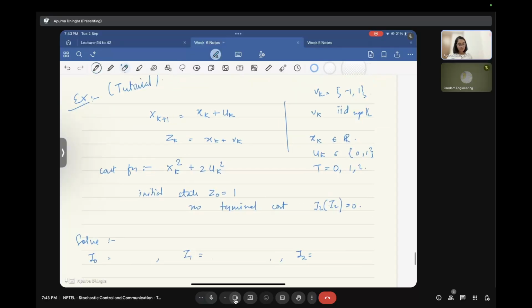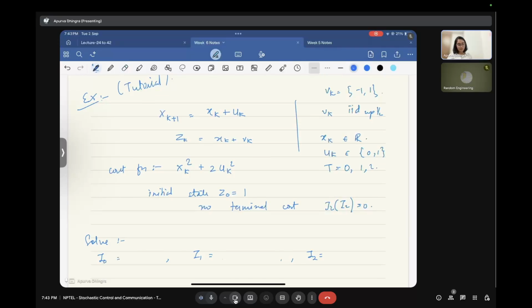If you recall, this is very similar to the linear quadratic problem, the example that was taken last time. In this example, because there is an extra component of observation, that adds to the complexity of the problem. So let's see if we can use DP in this type of a setting.